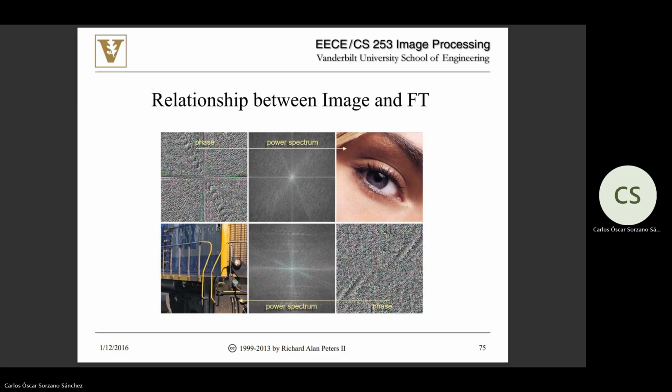And then you can do inverse Fourier transform, forward Fourier transform. So if you give me the phase and the spectrum, I can reconstruct the image and the opposite. So for any image, I can compute the power spectrum and the phase. So they contain exactly the same information.